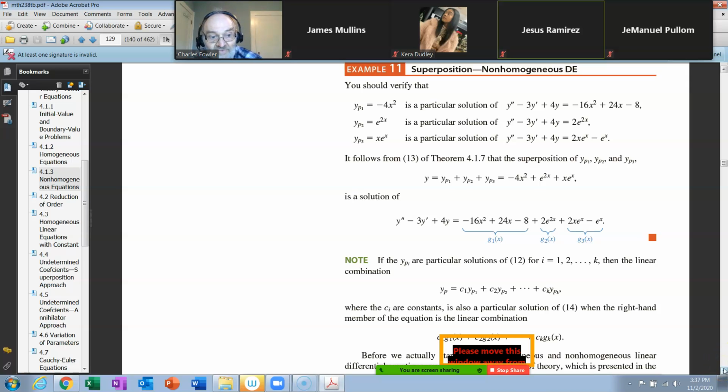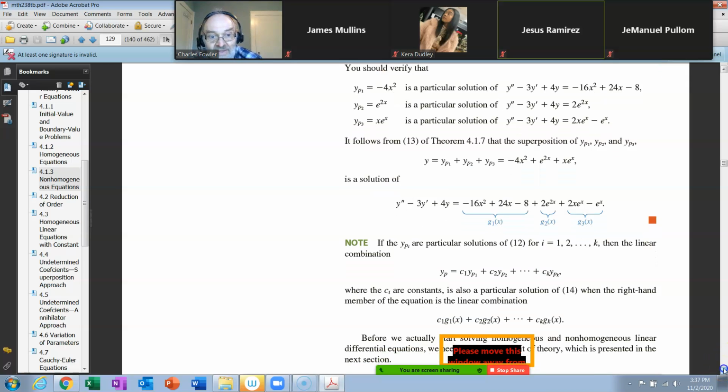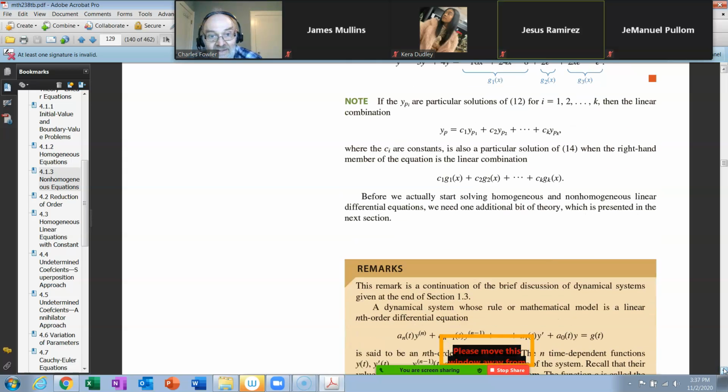we just did all this, example 11, and if you do have all these particular solutions, then any linear combination of them will also be a particular solution for when the right hand side is that same. Now you see, here's the difference. These C's correspond to those C's.